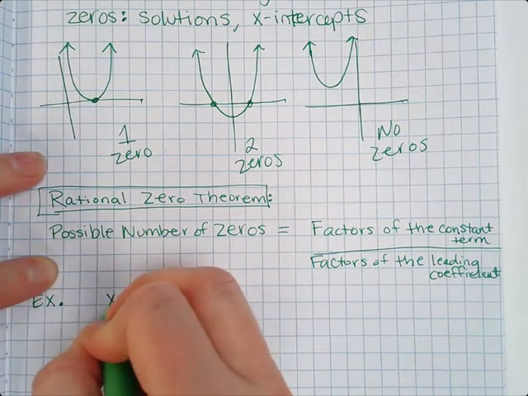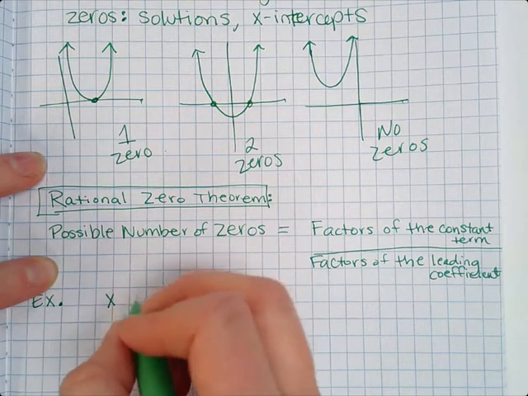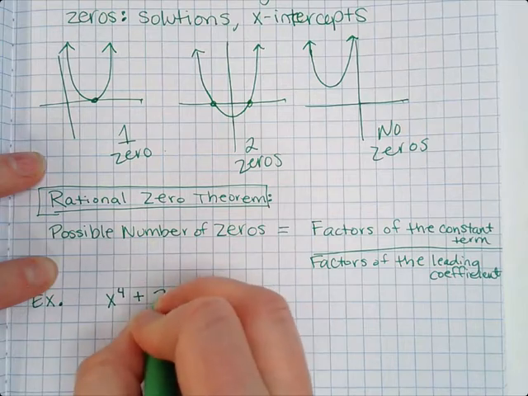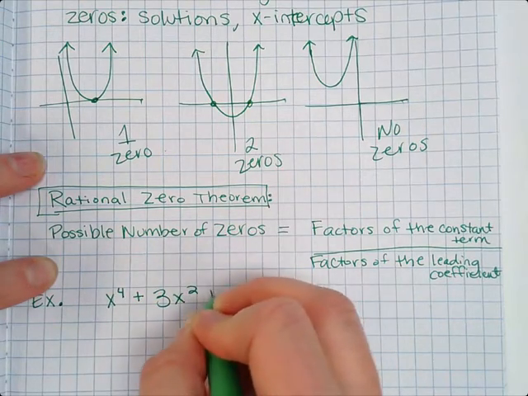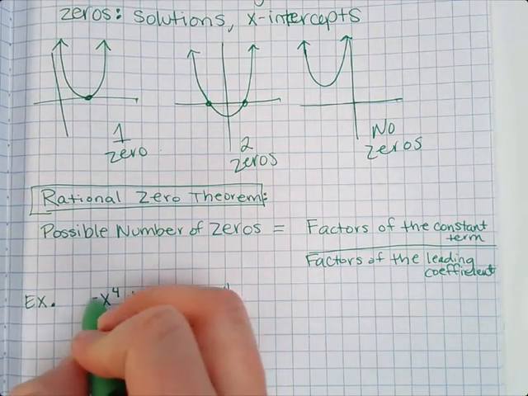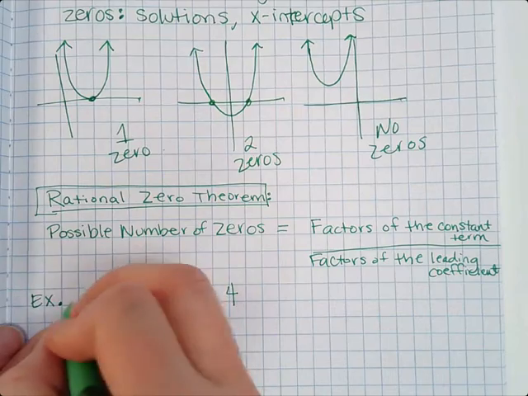Let's figure out how many possible zeros are in negative x to the 4 plus 3x squared plus 4. Oh, it's a negative x to the 4, sorry. And I should write it as f of x.